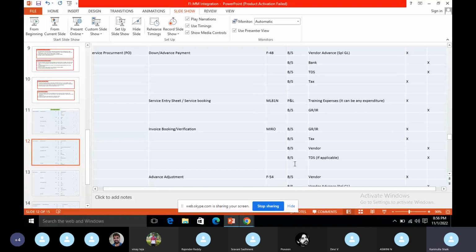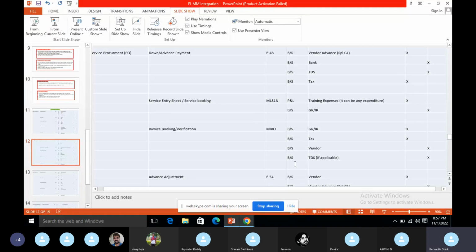If we have any tax, that will be TDS, that will be debited. Here I have taken the example of training expenses, or we can take audit expenses or any consulting expenses that can be debited. Invoice booking, the T code is MIRO, and the entry will be GRIR clearing account debit, GST account debit to vendor account credit, TDS if applicable.